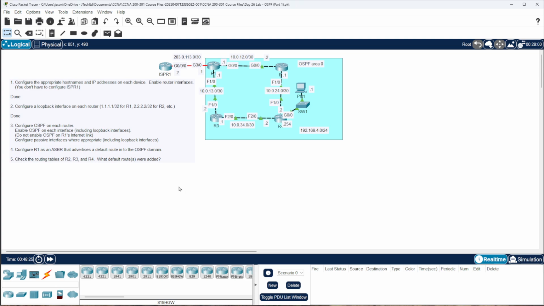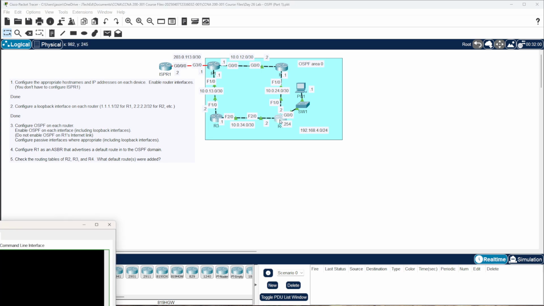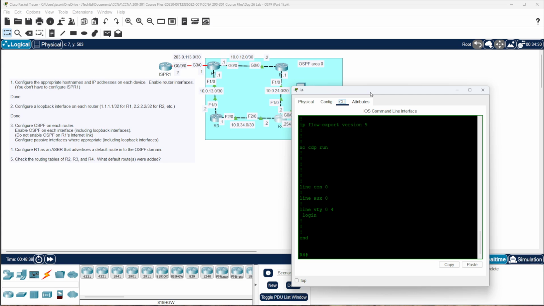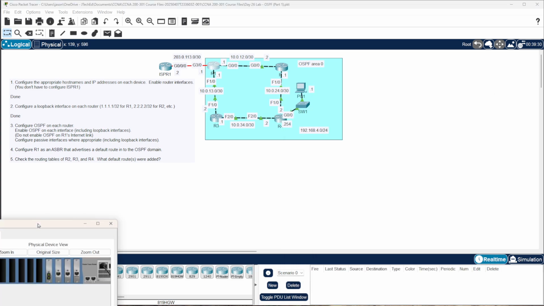We might have to watch the Jeremy video, I don't know. Right now we're doing OSPF on each router interface. I'm just a little confounded. Oh yeah, I do have to configure IP addresses. Didn't I do that? I'm confused.